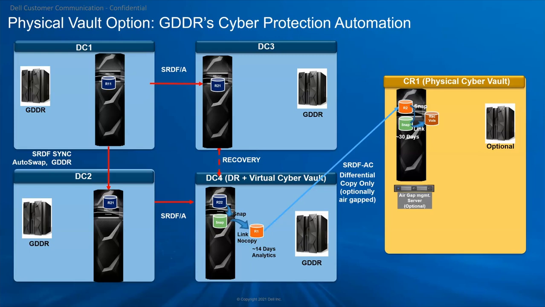But what I'm using here is an example of taking one of the copies, the DC4 copy, where a ZDP has been defined and is running against the DC4 copy, and having a separate physical vault introduced into the environment. So not only do I have the virtual vault that's in DC4, I introduce a different physical array.